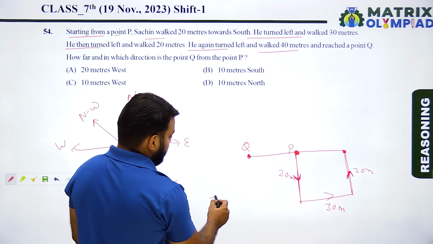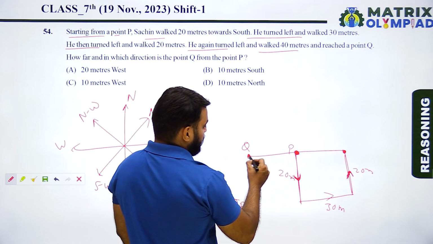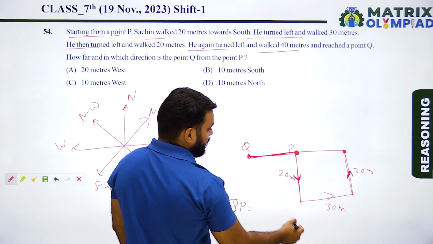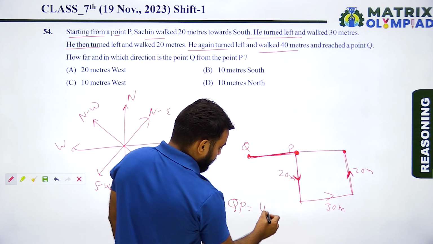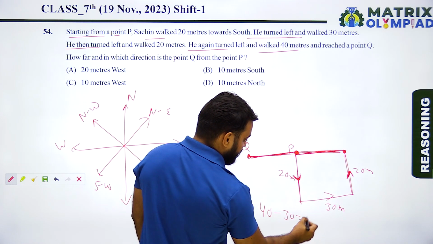So now find the distance between Q and P. Distance between Q and P means 40 minus 30, which is 10.